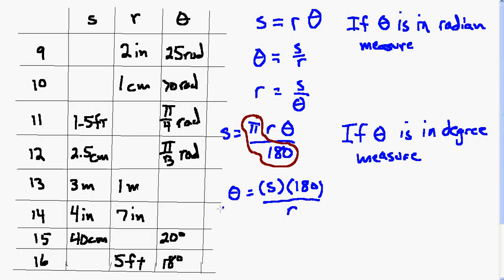So multiplying both sides of the equation by 180, and dividing both sides by R pi, it's going to be theta.